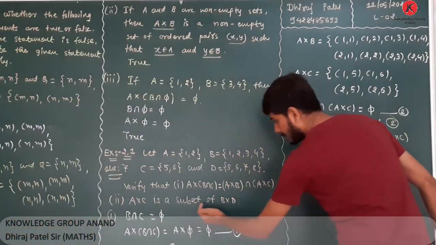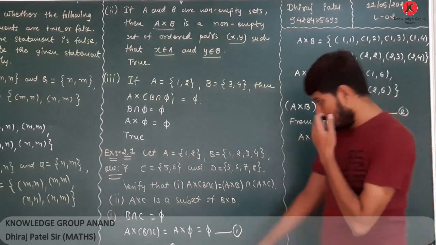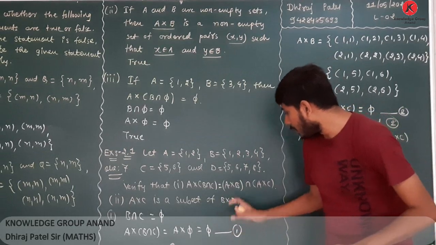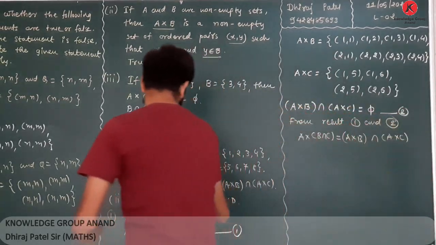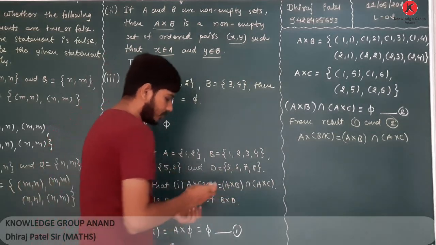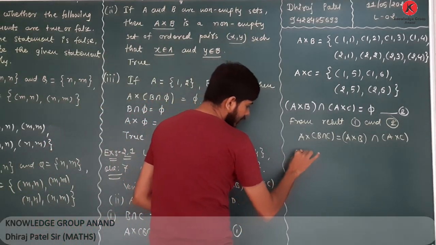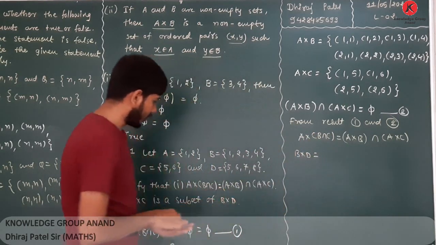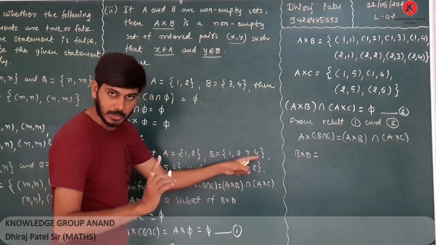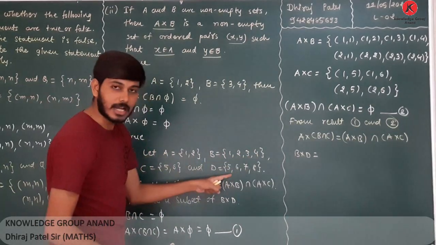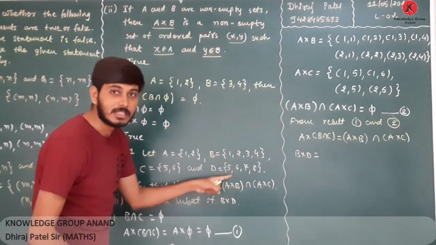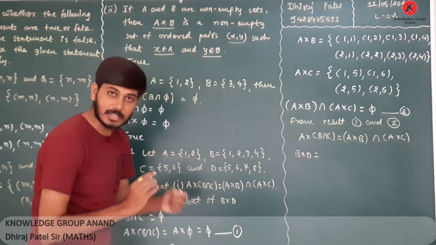Now we are going for the second: A cross C is a subset of B cross D. First of all, we need A cross C, which is here. Then we need B cross D. Set B is 1, 2, 3, 4 and set D is 5, 6, 7, 8. What is B cross D? All possible ordered pairs made by B and D. Set B has 4 elements and set D has 4 elements, therefore 4 times 4, 16 ordered pairs are possible.